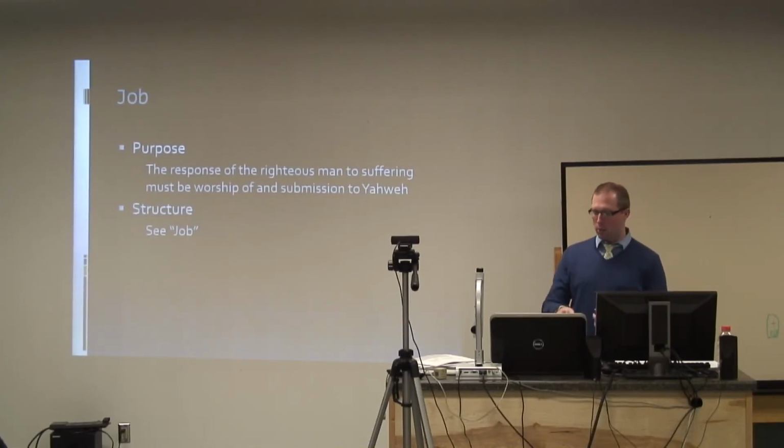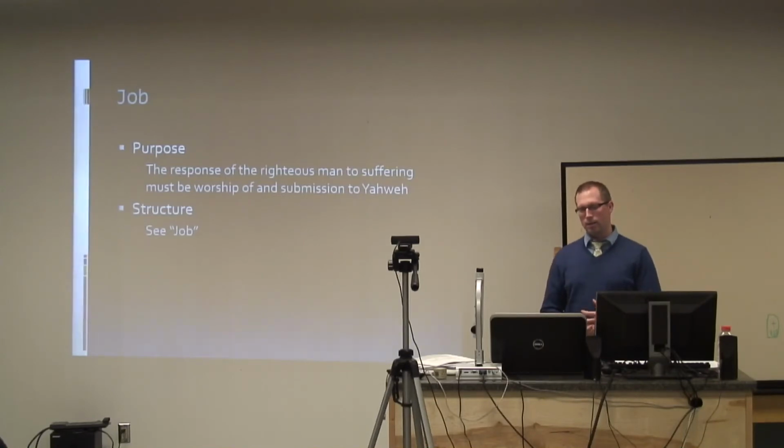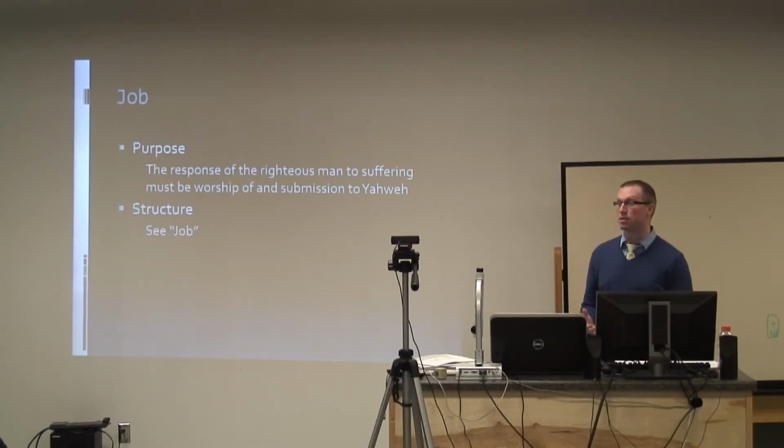And God is the one who brings that about. He's the one who brings that to Satan's attention. And so what we have established at the beginning of the book is that Job is not suffering because he's done something to deserve it. But Job will suffer because it is part of God's sovereign plan for this to happen.